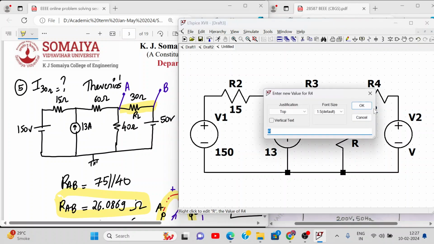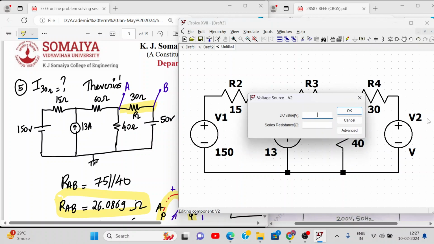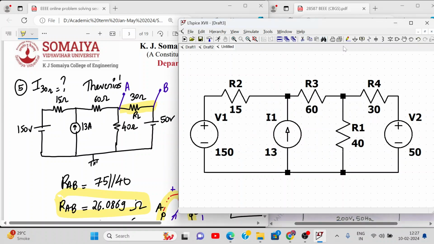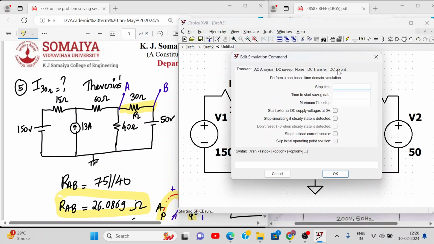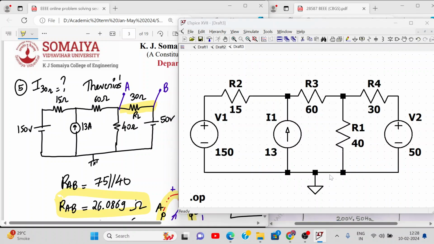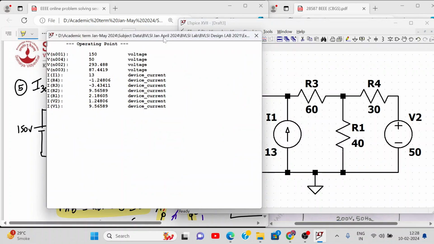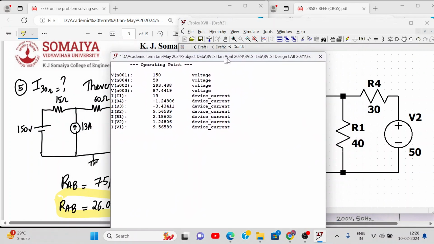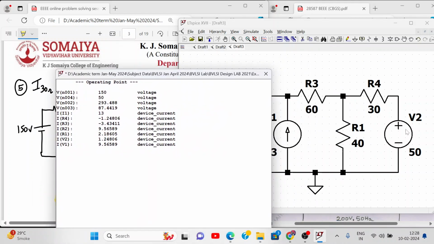What I am doing, I am actually verifying the answer whether it is correct or not, right? This is 40. This is 50. Okay, let me add the ground also. Here is the ground. Yeah, let me simulate it. I want the current to be... what is I of V2, is in series, right?